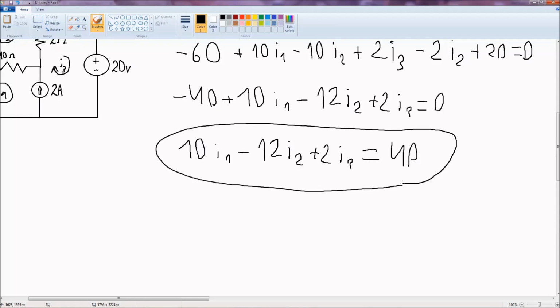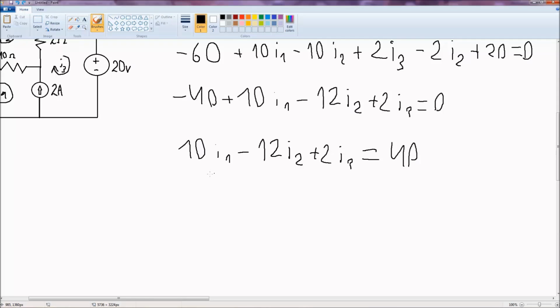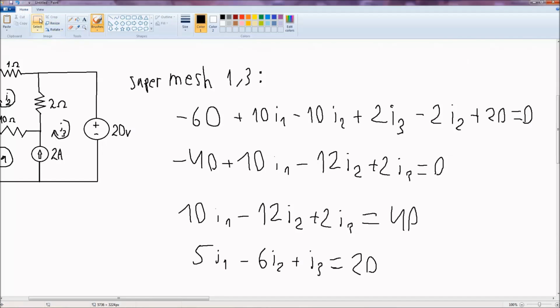So we divide both sides by 2 and we will get 5I1 minus 6 I2 plus I3, and that will equal 20. So we don't need all this stuff anymore.